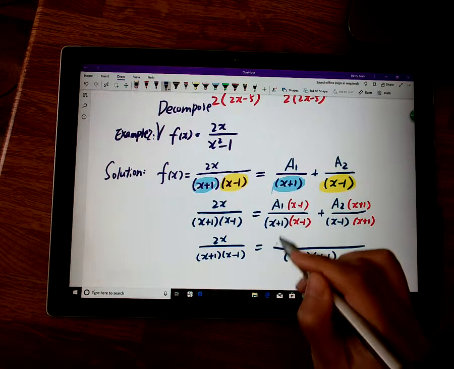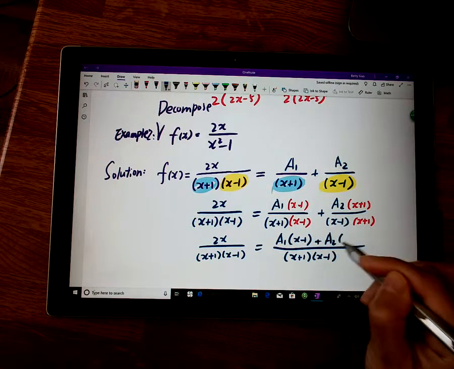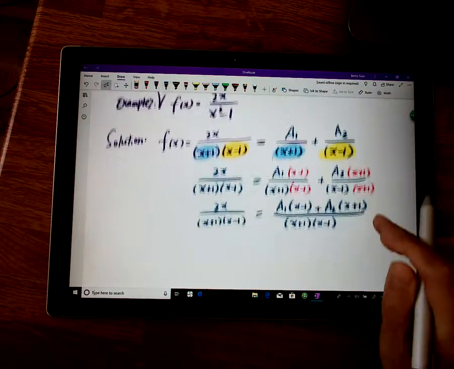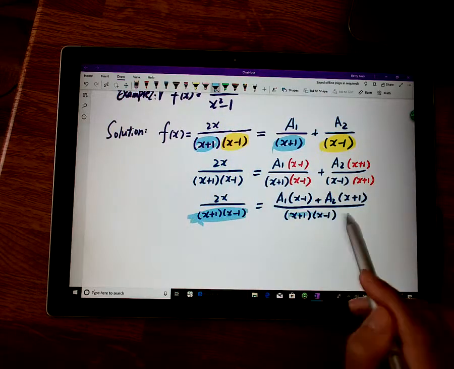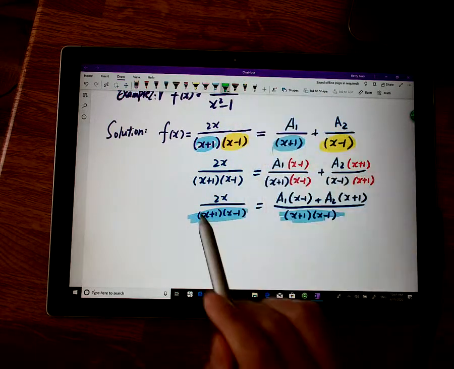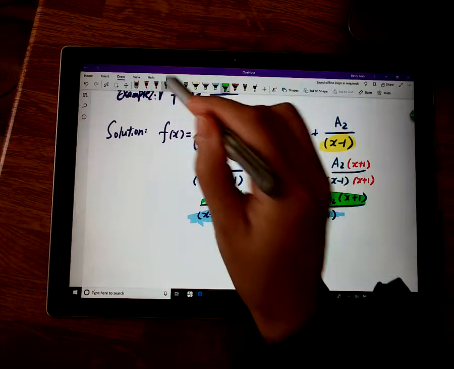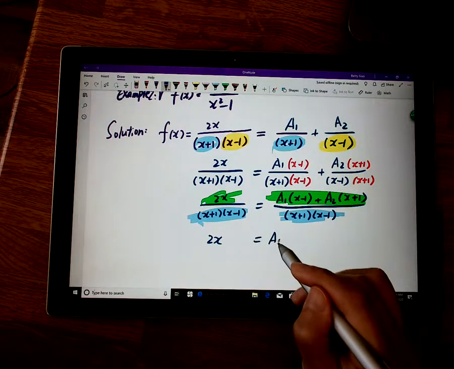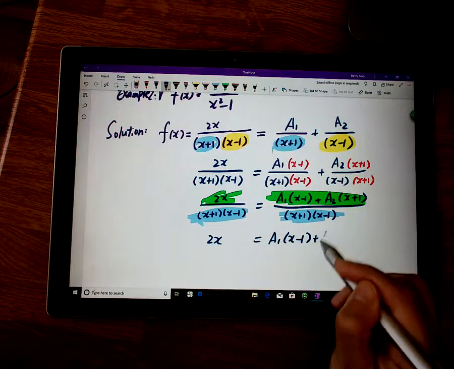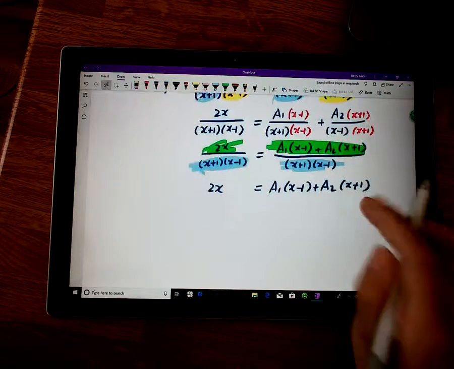Now they have the same denominator, x plus 1 times x minus 1. We solve the top: a sub 1 times x minus 1 plus a sub 2 times x plus 1. Okay, same thing. They have the same denominator, so they should have the same numerator. So we equate their numerators. 2x equals a sub 1 times x minus 1 plus a sub 2 times x plus 1. And then reorganize everything.